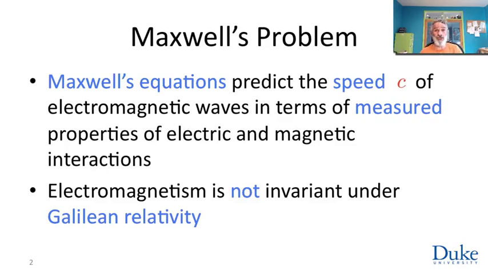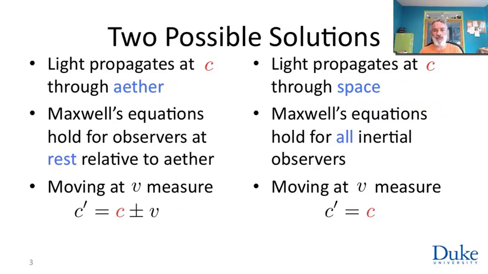So Maxwell's equations can at most hold for one of those observers, and the other observer must detect different electric and magnetic phenomena so that when they compute the speed of light, they will get an answer consistent with their measurements. A technical way of saying this is that Maxwell's equations are not invariant, do not retain their form when you do the change of variables that we called Galilean relativity transformations, what we computed in the previous clip. So there are two possible solutions to this.